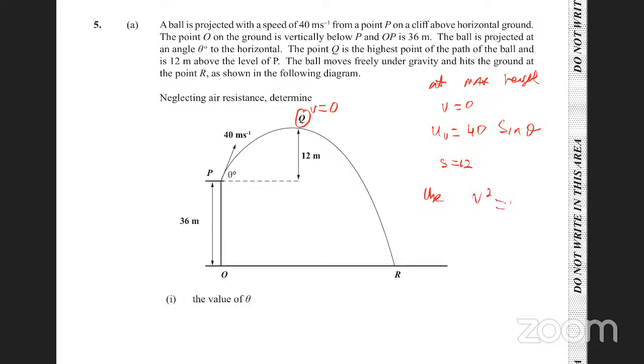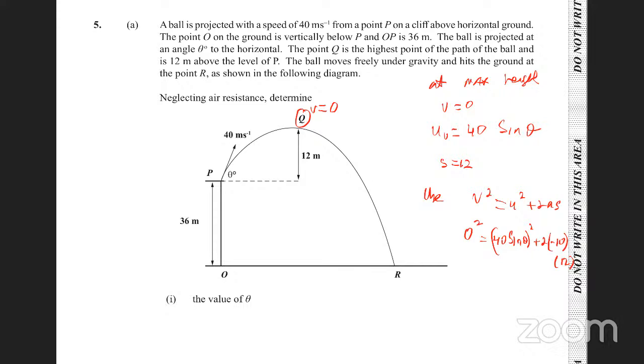V squared is equal to u squared plus 2as. The final velocity is 0. The initial velocity is 40 sine theta, all that squared, plus 2, gravity is minus 10, and the displacement is positive 12.